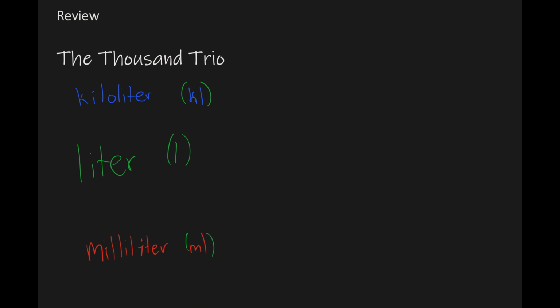It's just a term I like to use. 1 liter is equal to 1,000 milliliters, and 1 kiloliter is equal to 1,000 liters. Each one is equal to 1,000 of the other.